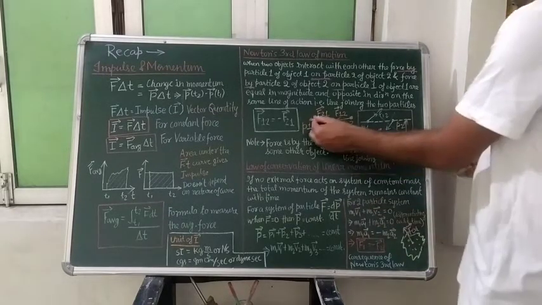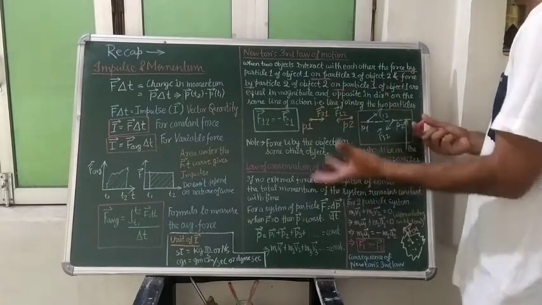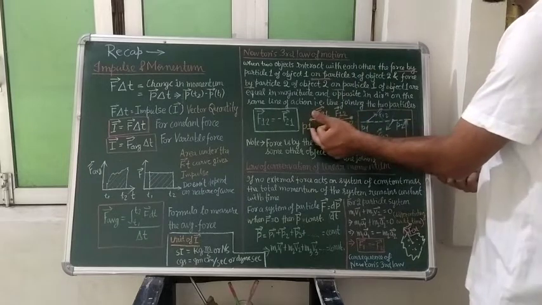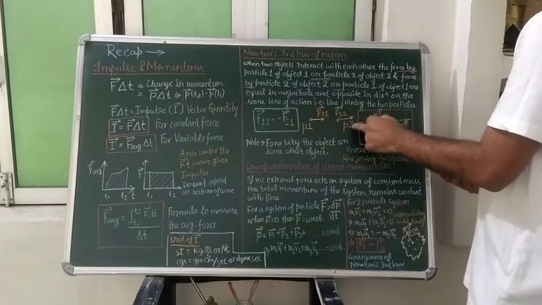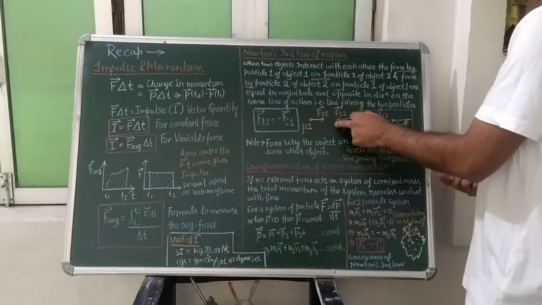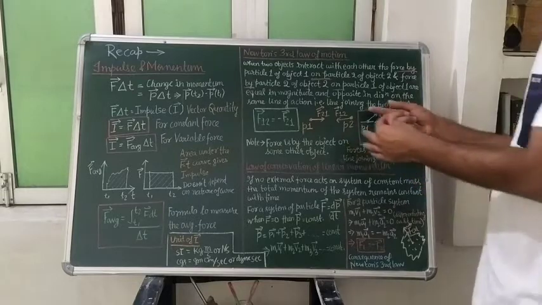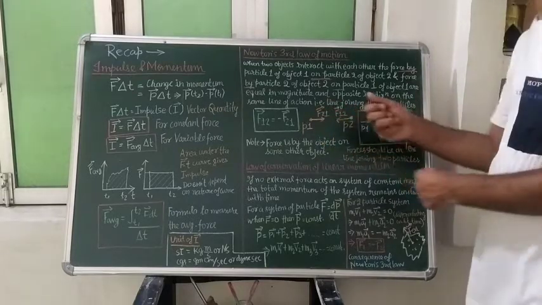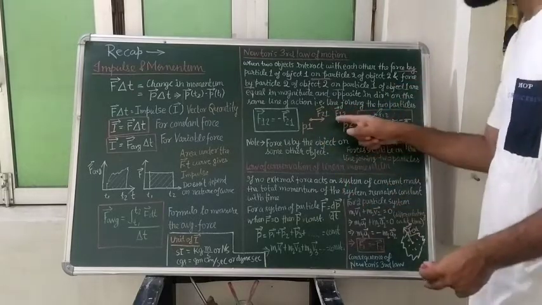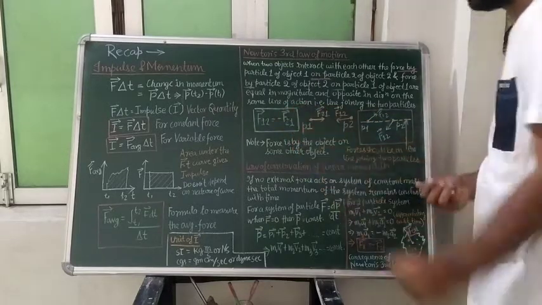Suppose we have two particles here, of object 1 and object 2. This particle applies this force on particle 2 due to 1, and there is a force on particle 1 due to 2. Whatever force they apply to each other, they are equal in magnitude but opposite in direction, the negative side.